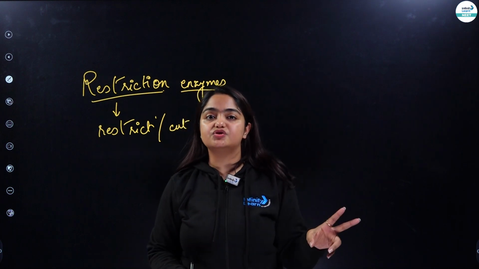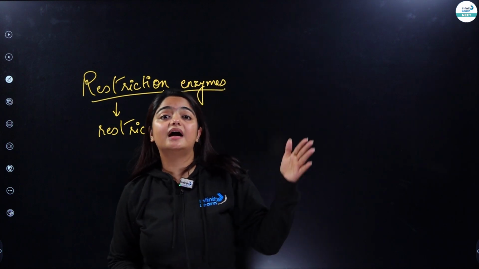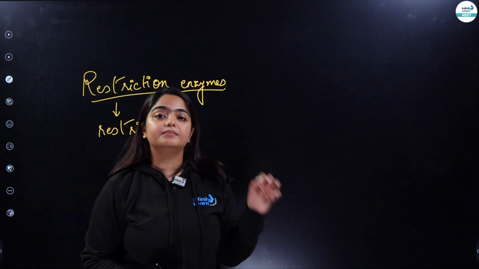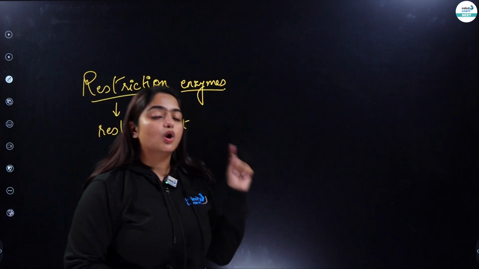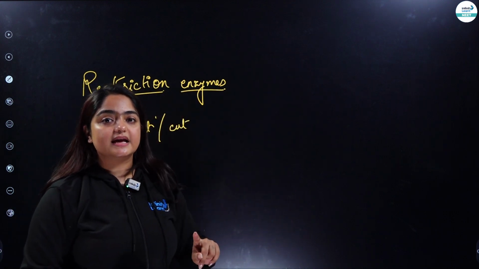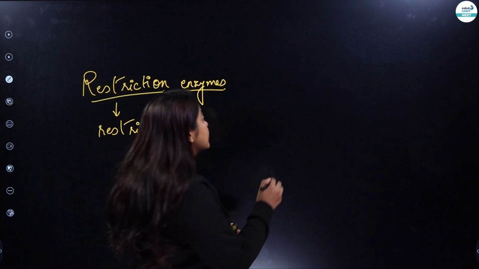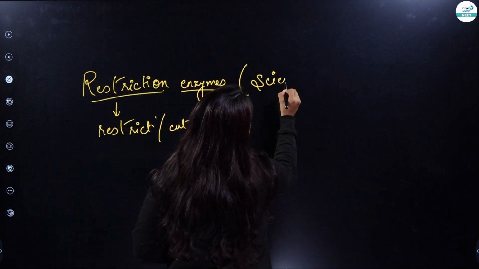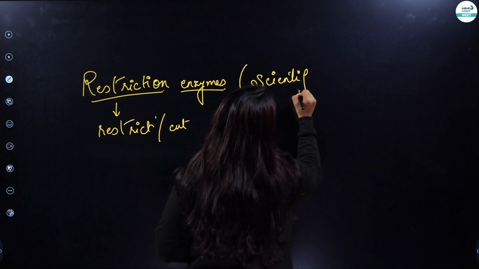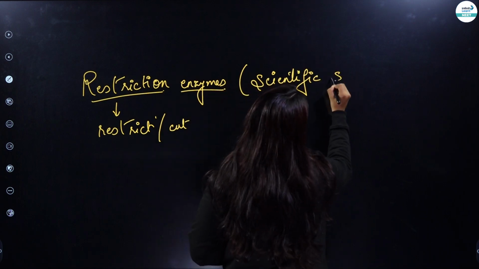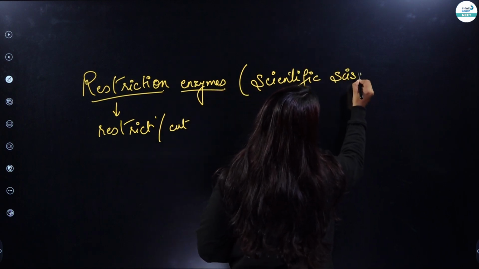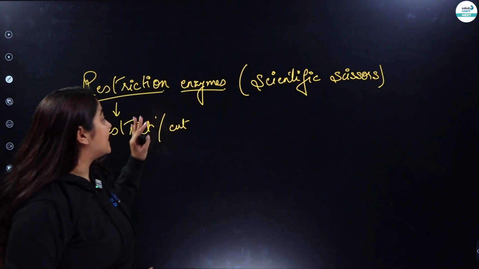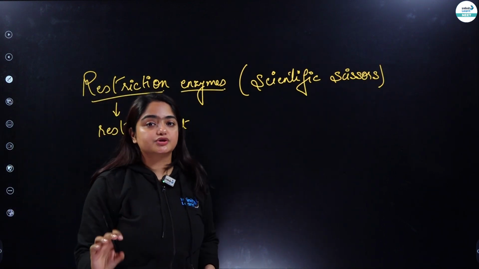So you have to restrict that DNA or cut the DNA into fragments. So for cutting the DNA into fragments हम use करते हैं restriction enzyme को, और यही reason है कि restriction enzyme को हम scientific scissors भी कहते हैं, ठीक है? These are also considered as scientific scissors. Okay, so ये है main function यहाँ पे restriction enzymes का.